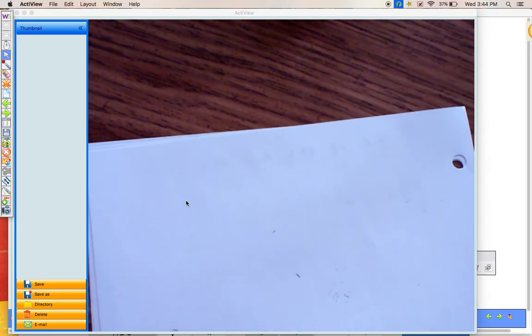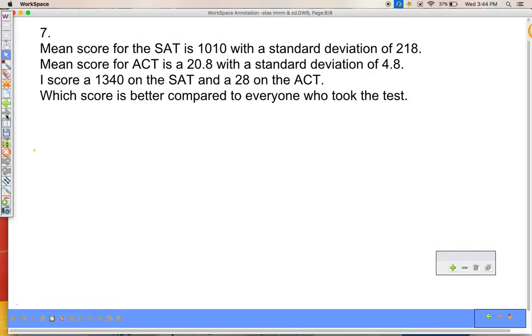All right, the next part is how it all comes together. Say you took the SAT and scored a 1010, which has a standard deviation of 218, and your ACT score is a 20.8 with a standard deviation of 4.8.